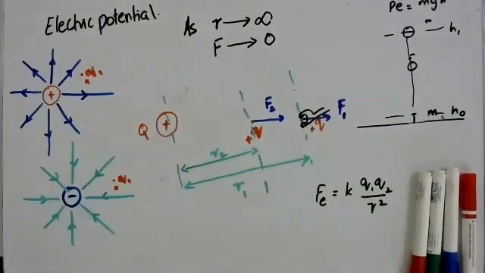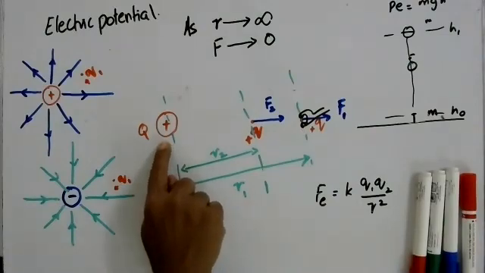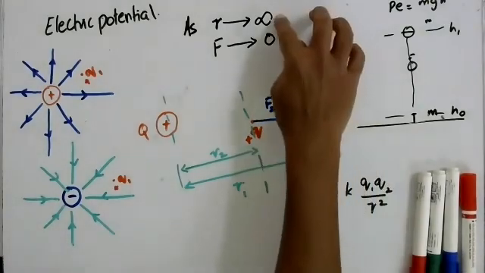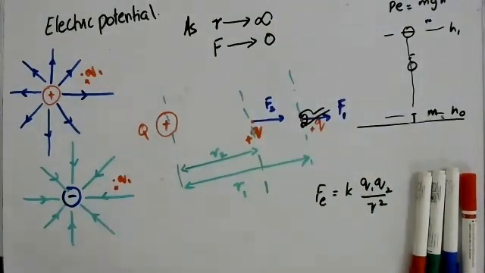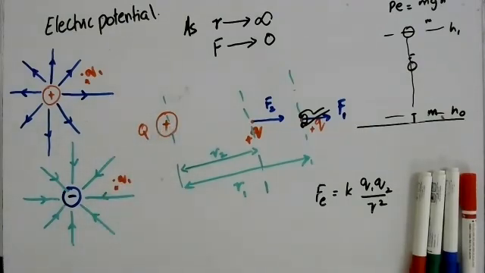Then you can say that anywhere you place the positive test charge q1 with reference to this large charge q, it will have a potential. Where will it not have potential? It will not have potential only at an imaginary place which is infinitely far away from this object. So that defines what your electric potential is. I hope this is clear. If there are any questions, please ask me now.